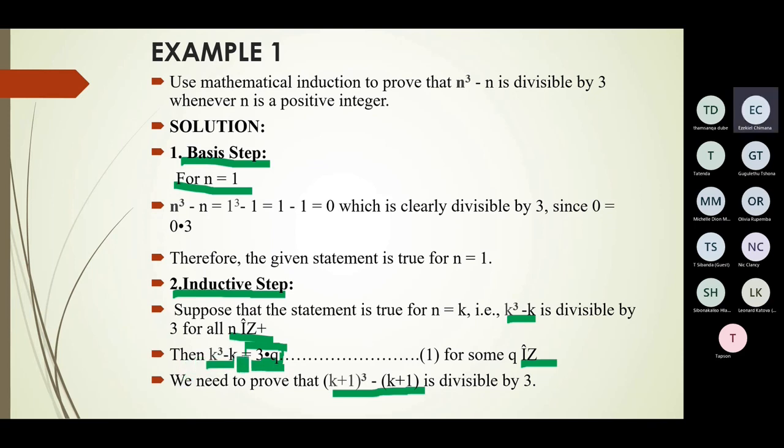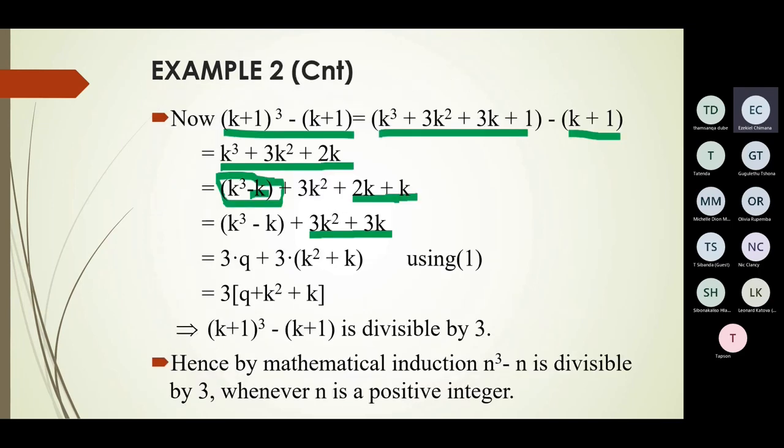So we can substitute k cubed minus k for 3q. So we will end up having something like this: 3q plus 3 times k squared plus k. So we can again factor out 3, and we have 3 times q plus k squared plus k.